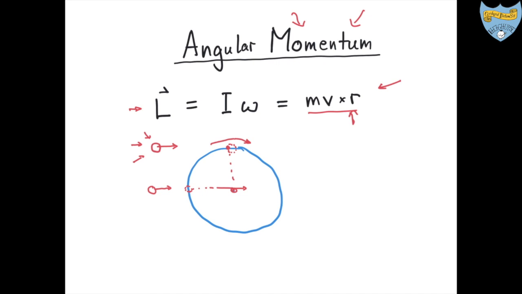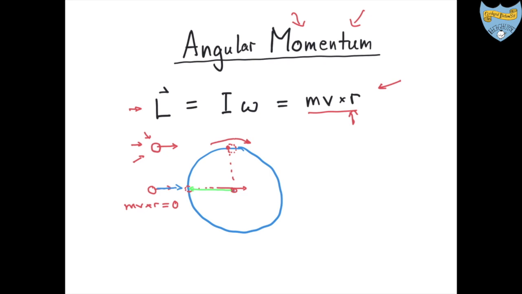So this child, the mv cross r, has a value of 0 because his velocity runs straight through the pivot. Said another way, his velocity vector is parallel to the radial vector drawn from the pivot to the point where he is going to land. And given that the velocity and the radial vector are parallel, there is no angular momentum from that child.